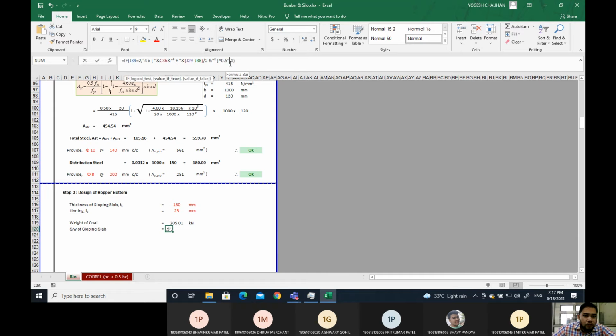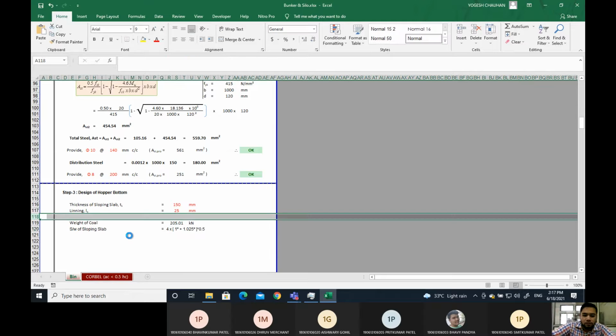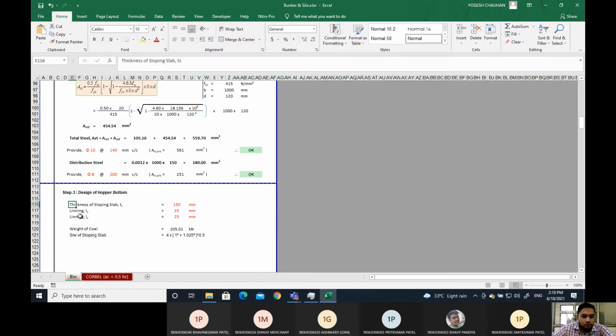Okay, now further to this we have to multiply the thickness. So total thickness you can add here, total thickness of sloping slab, let us say capital TS.